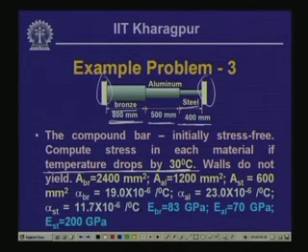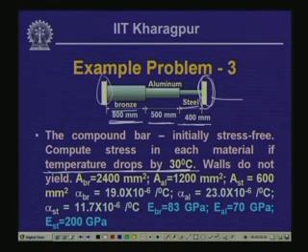Because of the drop in temperature, the way we have analyzed before, if we remove one of these rigid walls, then this bar will be free to expand or contract because of the change in temperature.